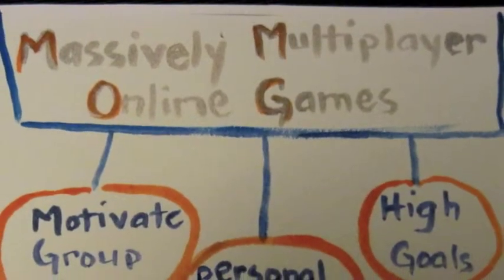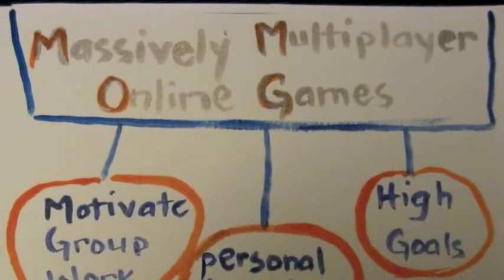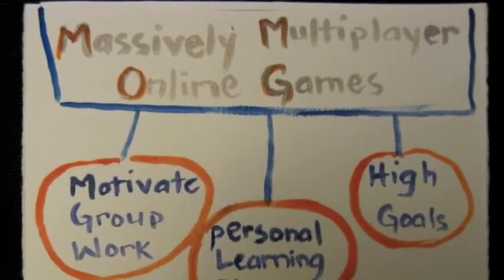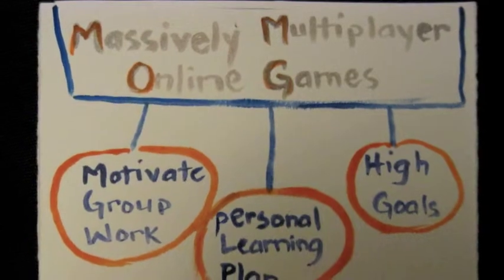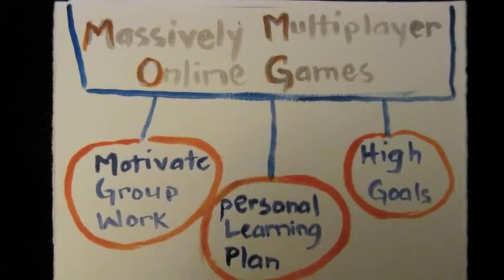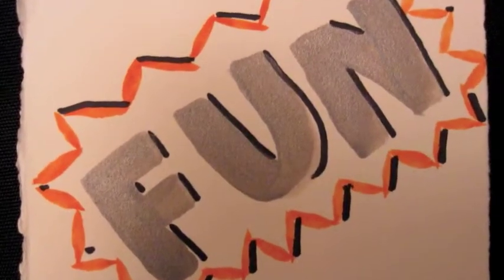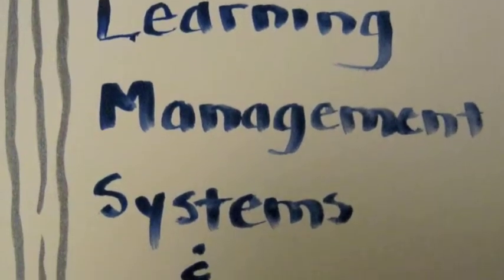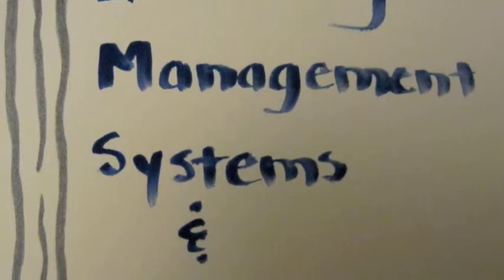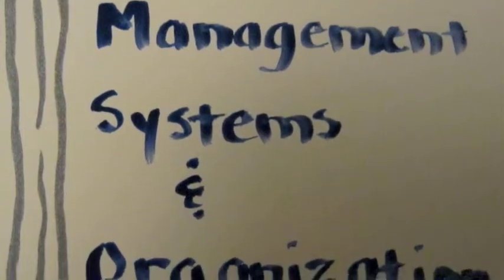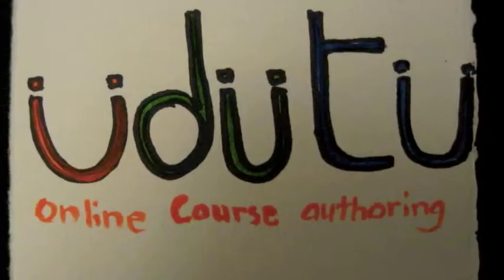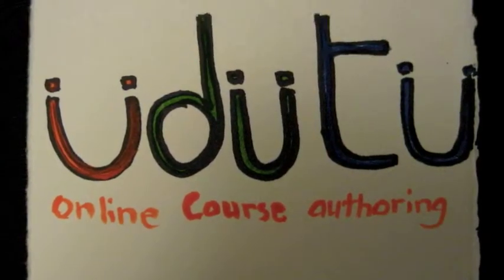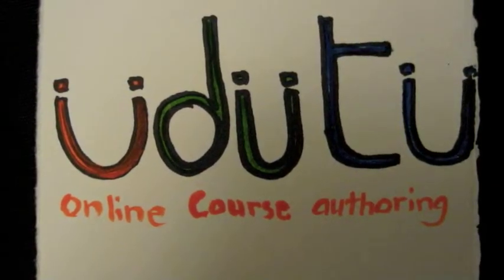Playing massively multiplayer online games would motivate her students to work in a group, develop their own learning plans, and set high goals for themselves to achieve, all while having a lot of fun. She remembered udotube.com in month 10, learning management systems and organization. It would make vocabulary and art history a lot more engaging for the students to study.